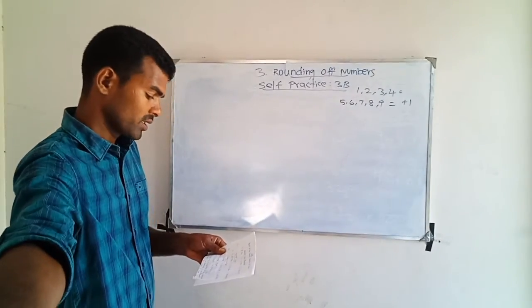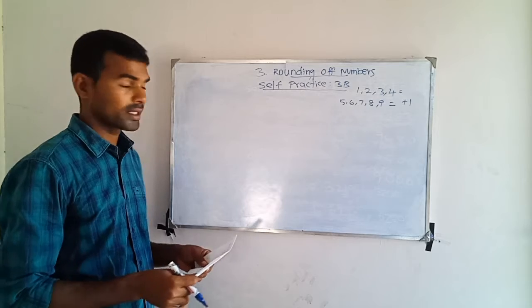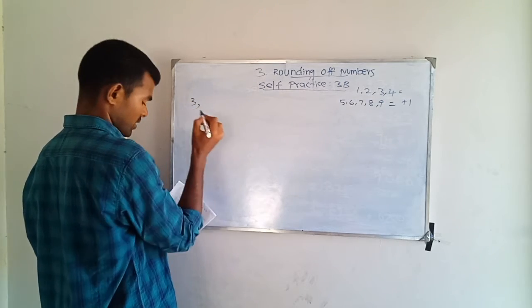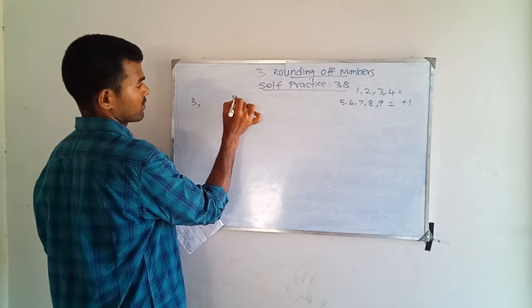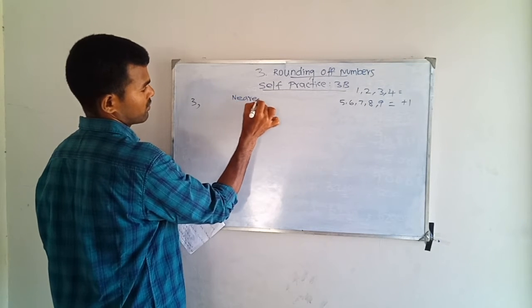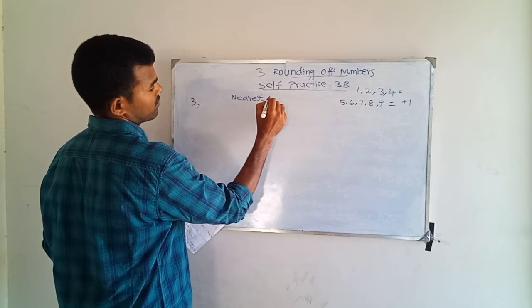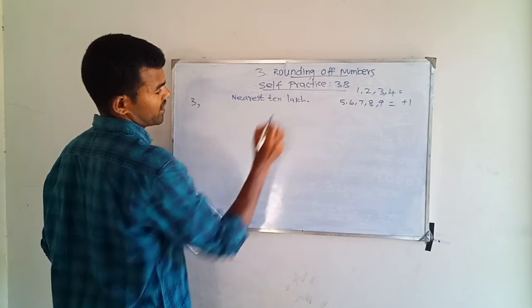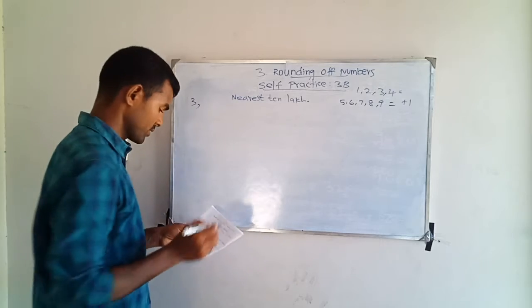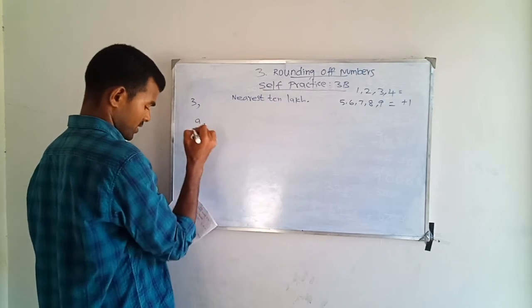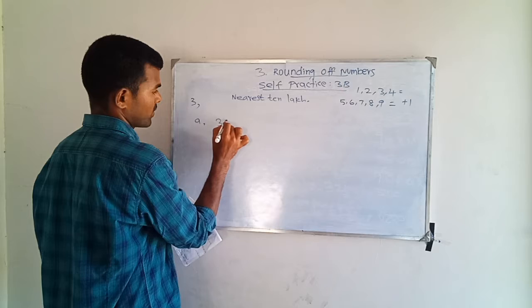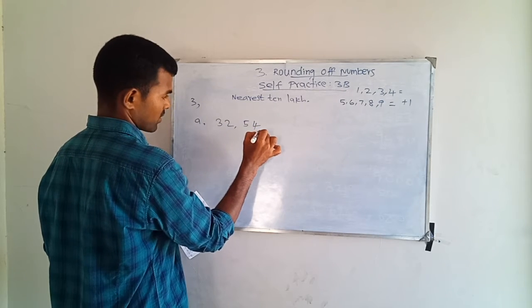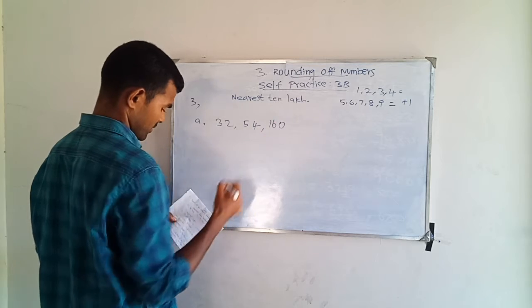Third question, nearest 10 lakh. We have to find the nearest 10 lakh here. The first question shows 32 lakh 54,160.